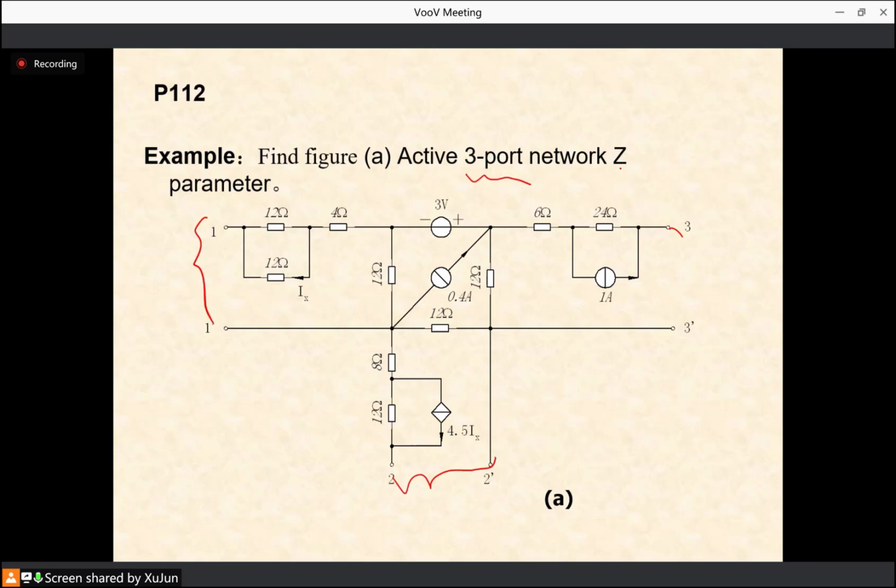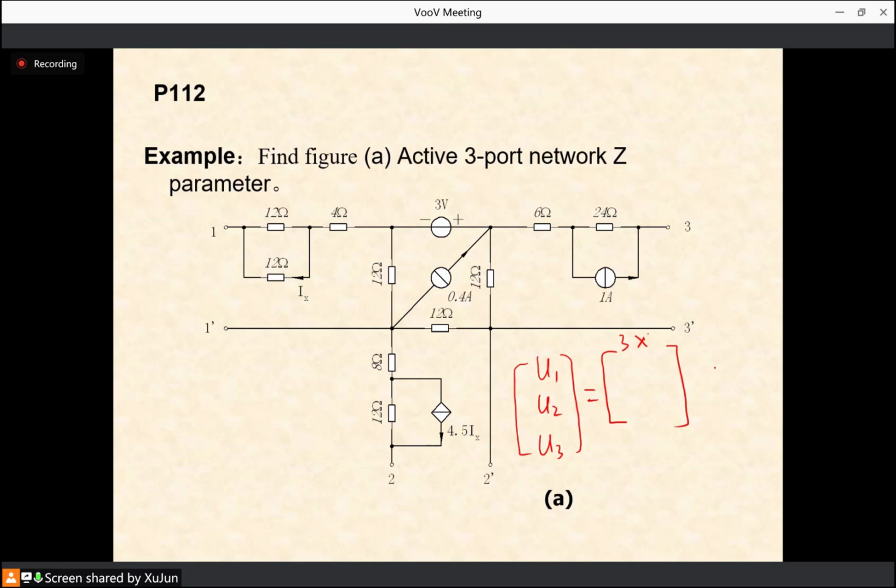A 3-port network with G parameter. So the total function of this set will be U1, U2, U3 equal to G, this G parameter will be 3 by 3, times I1, I2, I3, plus UOC1, UOC2, UOC3.